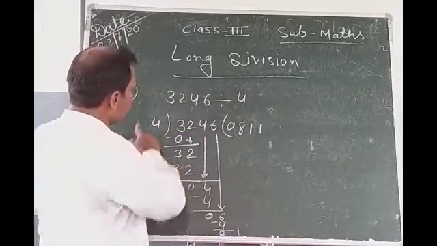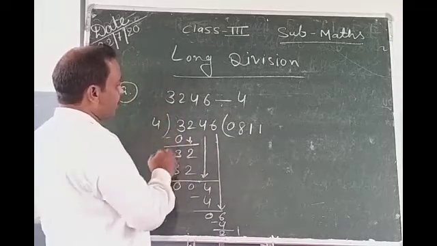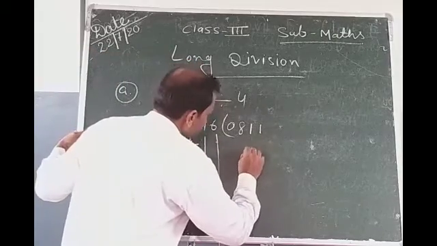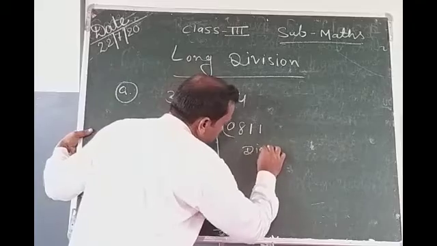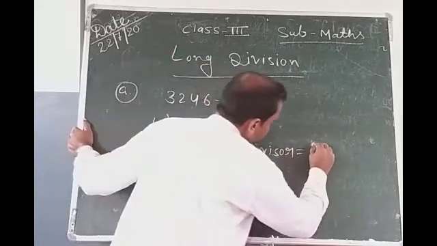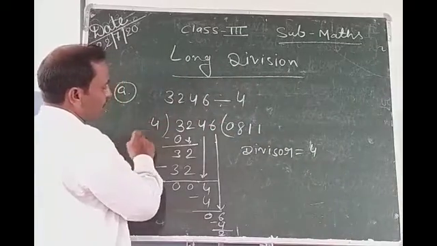So here you see in this division there are 4 parts. First part, the divisor, is what? Divisor equals 4. This one is called the divisor.